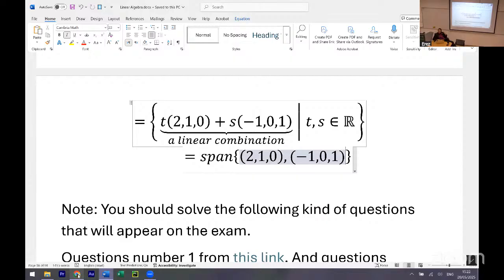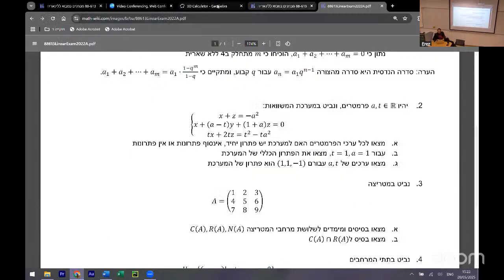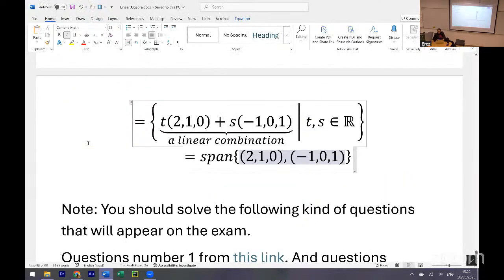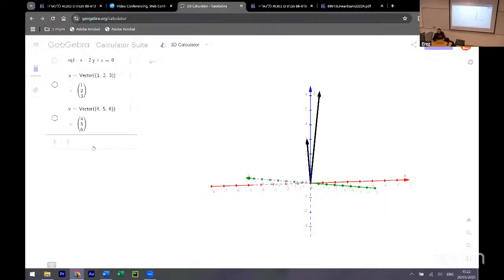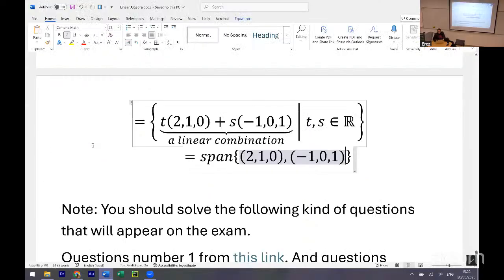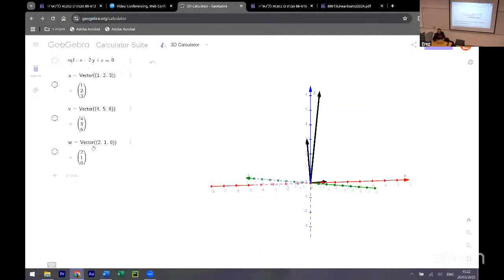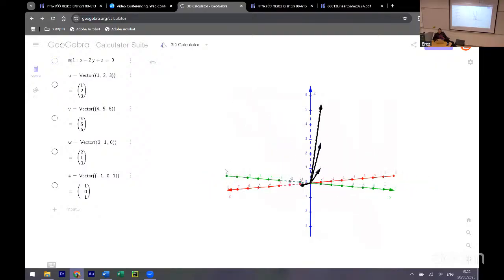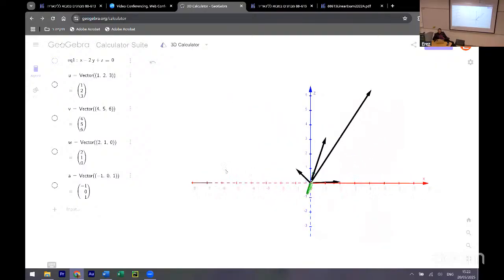If I go to GeoGebra and plug in the new vectors we found, (2, 1, 0) and (-1, 0, 1), you can see that indeed all these vectors are within the same plane.